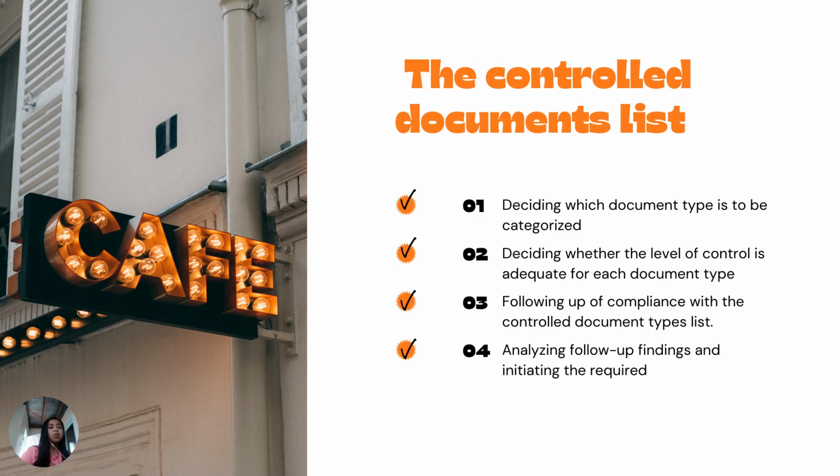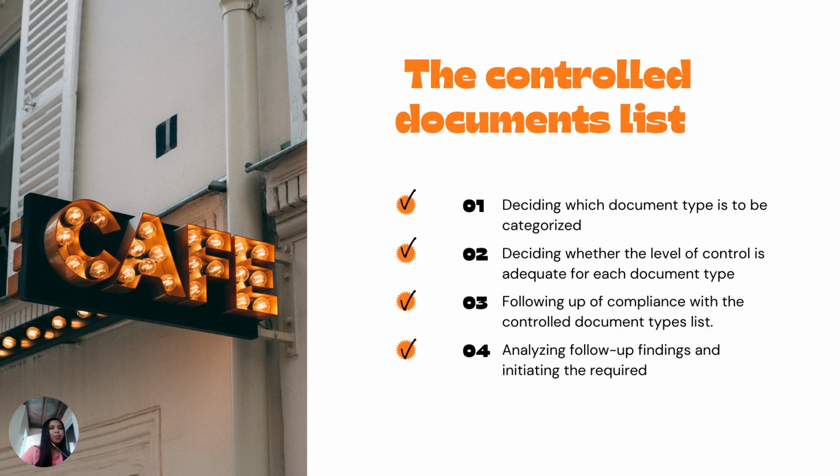The key to management of controlled documents, including quality records, is the controlled document types list. Proper construction of the list is based on the establishment of an authority to implement the concept, whether embodied in a person or committee. Specifically, this authority is responsible for deciding which document types are to be categorized as controlled documents and which controlled document types are classified as quality records.